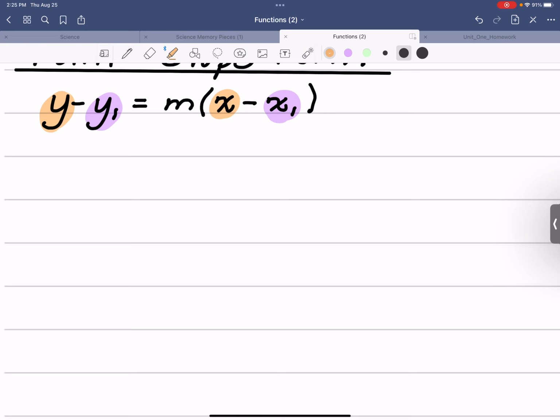Let that difference sink into your mind. The ones with the subscripts are the ones that will be replaced by numbers. This one and this one are still going to be in my final problem when I'm done. So those two are not getting replaced. You want to look for the ones with subscripts to be replaced. So keep that tucked away.